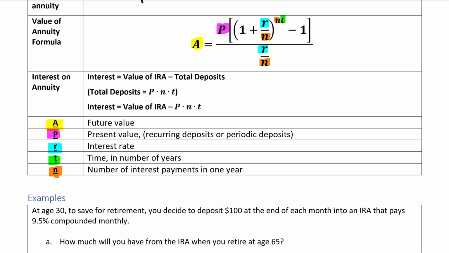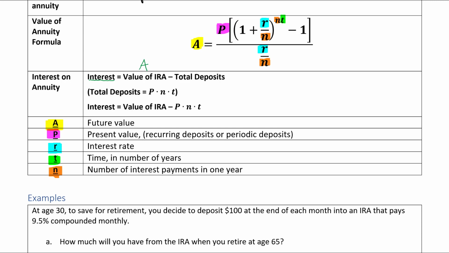Now, one other thing we need to talk about is the interest on an annuity. So the interest equals the value of an IRA minus the total deposits. Once we figure out what the A, the future value, is, and then you subtract all the total deposits off, then you can find out just what the interest is.